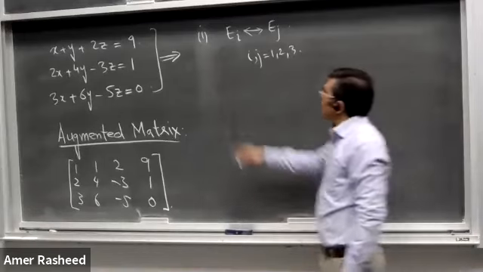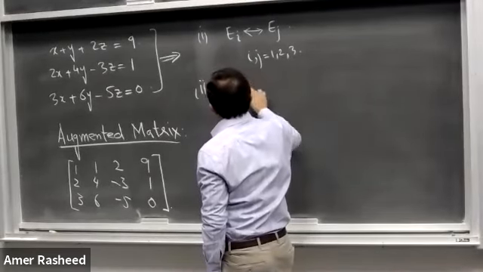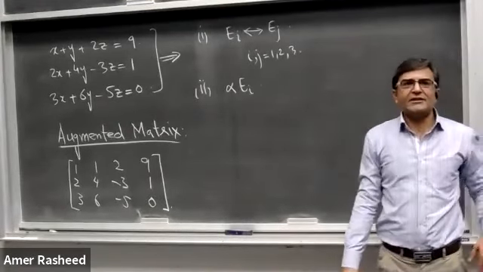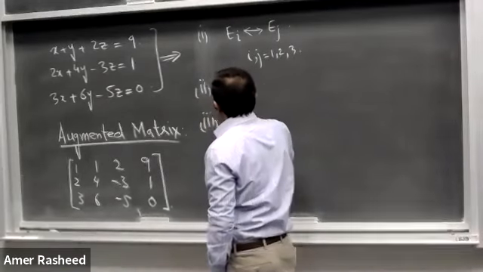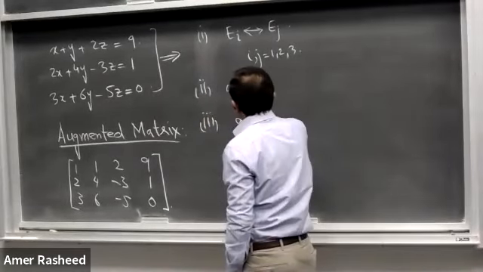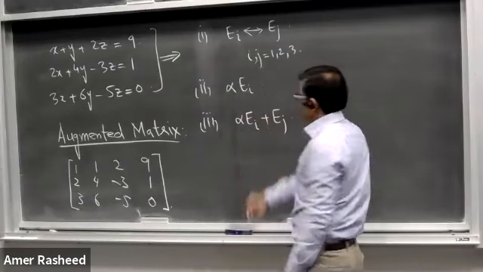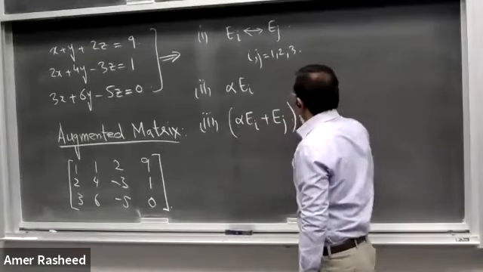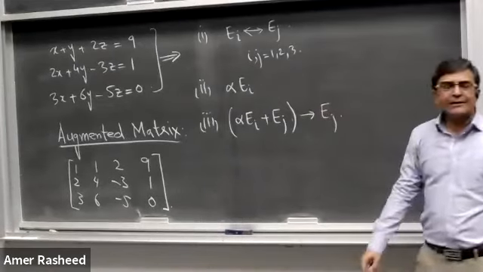This was the first operation. The second operation is that you can multiply any equation E_i by some constant, whether it is positive or negative, it doesn't matter. The third operation is that a constant multiple of any equation can be added into some other equation. This was the third operation which was allowed, and the equation which will be changed will be E_j.